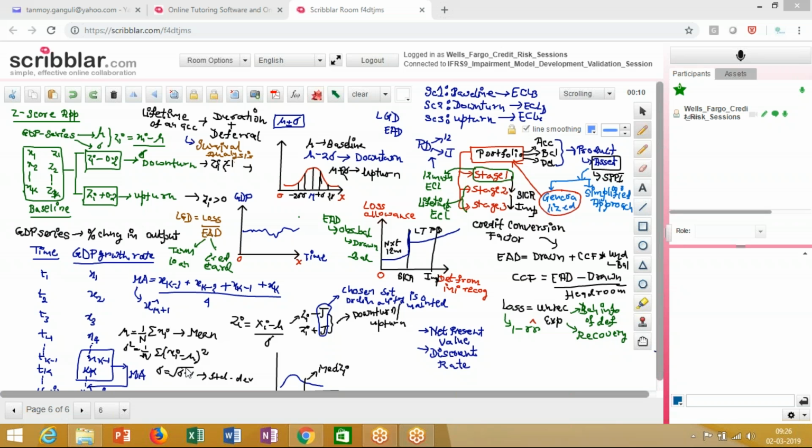We look into the financial statement of a firm and try to identify which are the assets which would fall under IFRS 9 requirements, and which are the type of assets which will not be a part of IFRS 9 assessment. So over here we'll go deeper into the scope of IFRS 9 impairment.